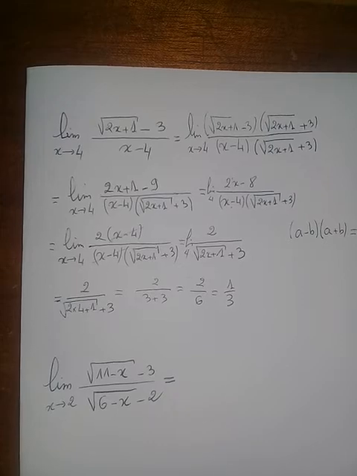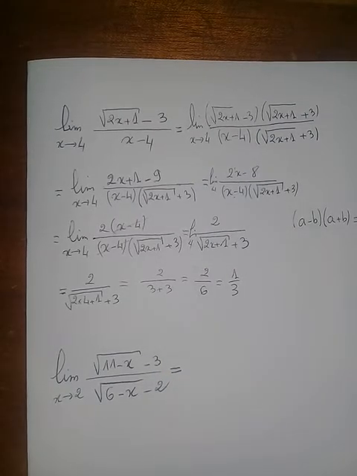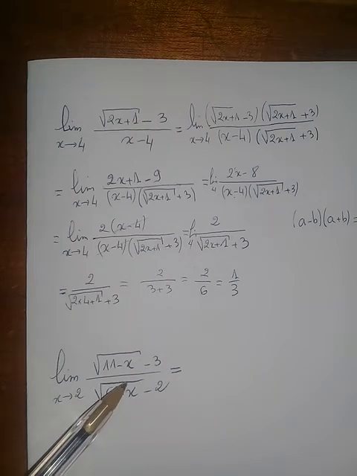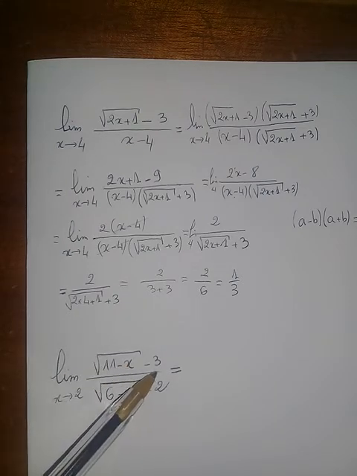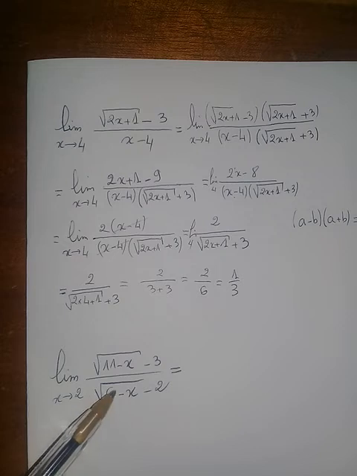Now let's proceed with the second limit, as x approaches 2 of this. So we've got to multiply by the conjugate, but is it the conjugate of the numerator or the denominator? We can see that both of them involve a square root, and we don't forget, always, if we plug 2 here, we get 9, square root of 9 is 3, minus 3 is 0, 6 minus 2 is 4, square root of 4 is 2, minus 2 is 0, so 0 over 0.